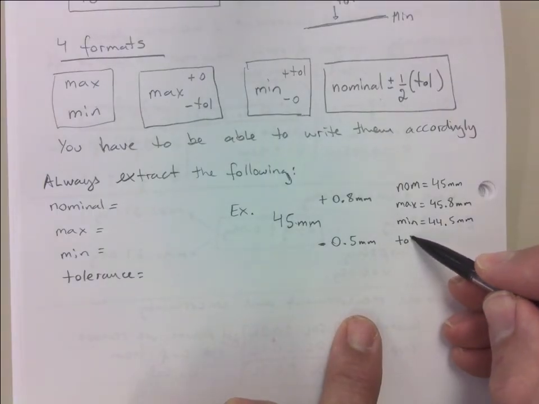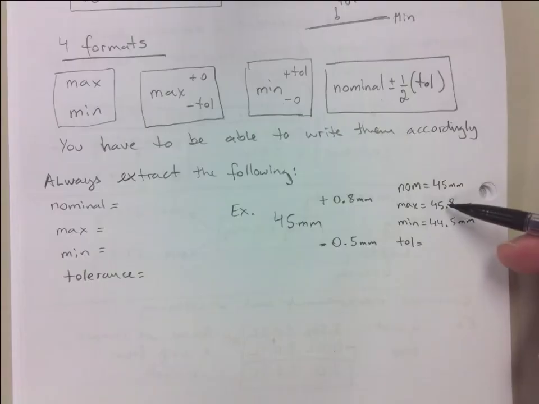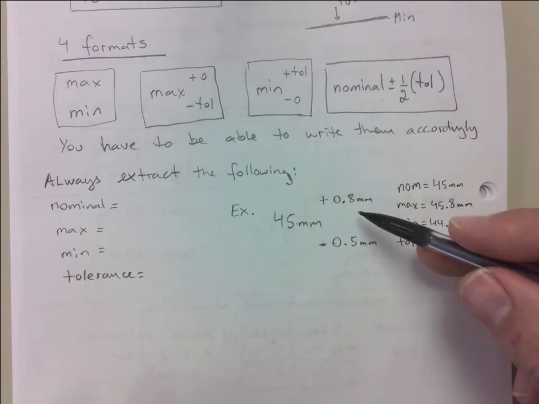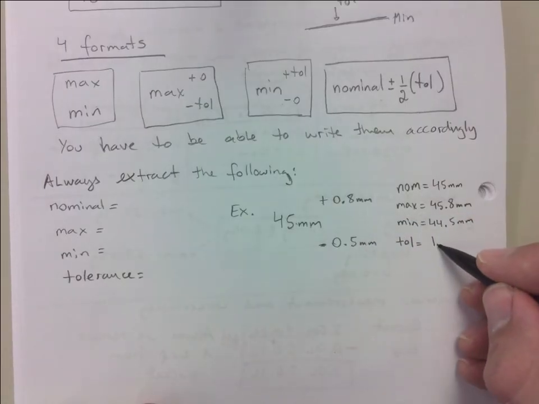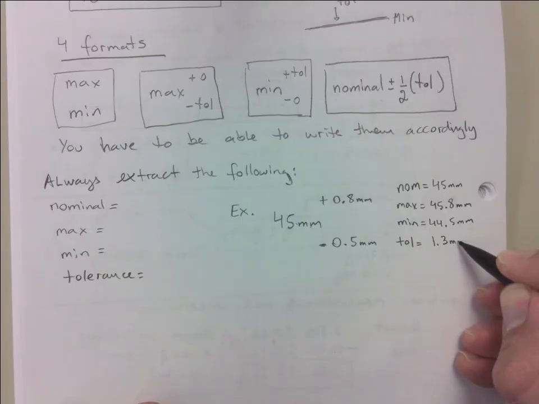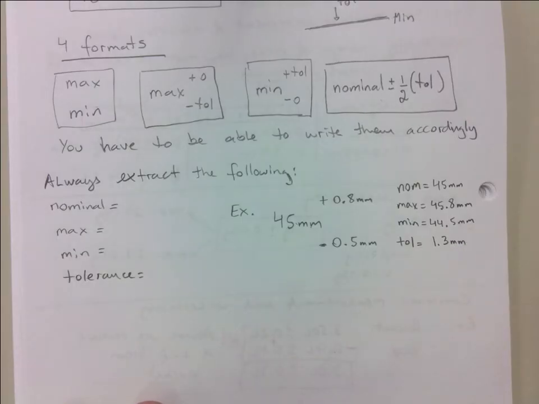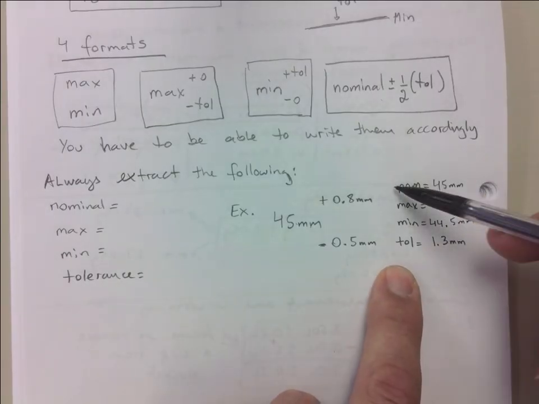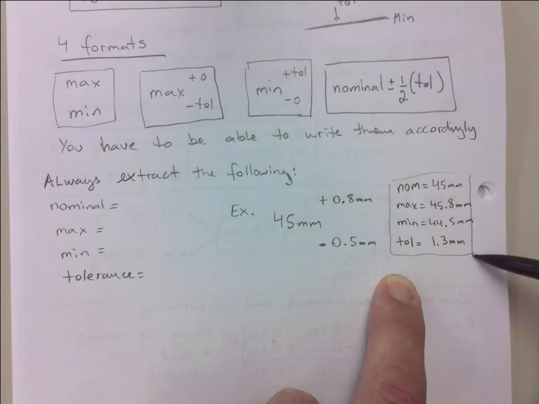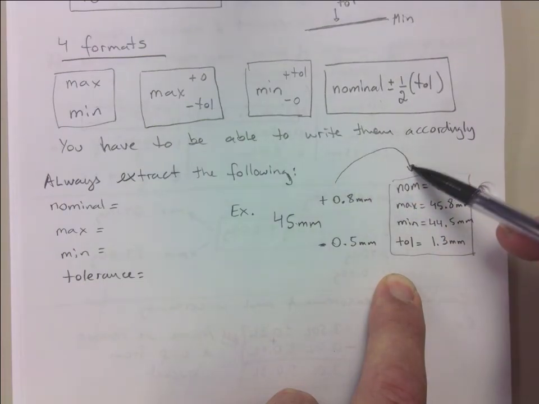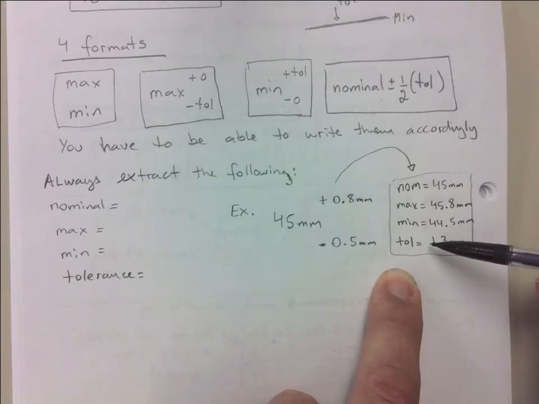And what's the tolerance? That one you should be able to do. You subtract the two. Okay. And what would that be? 1.3? Somebody double check because it's Monday, right? 1.3? So once you extract this, once you've done that, you got it from here, you filled in your little inventory.